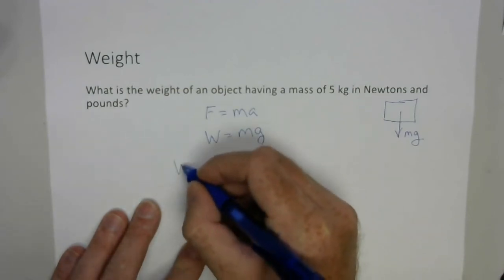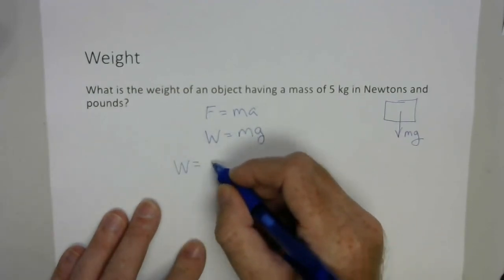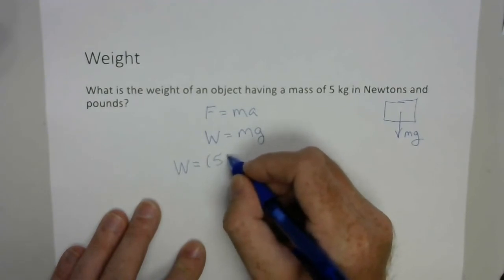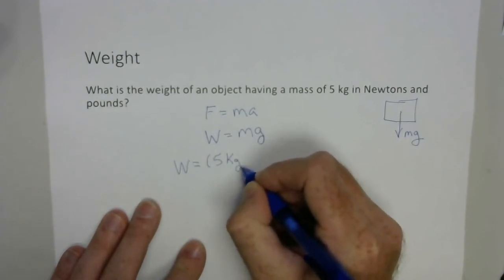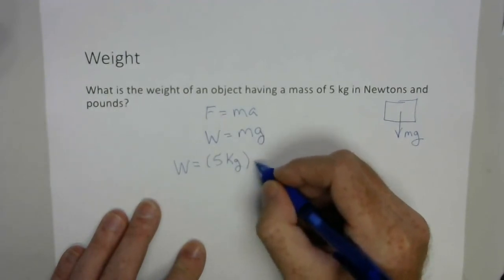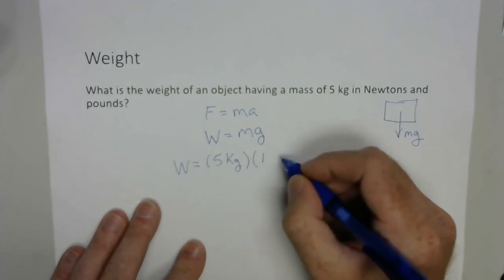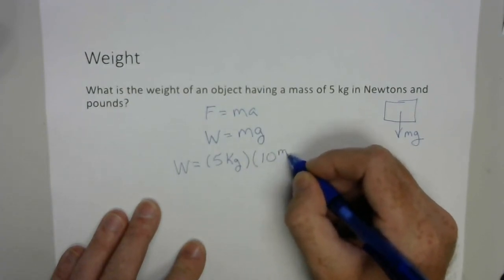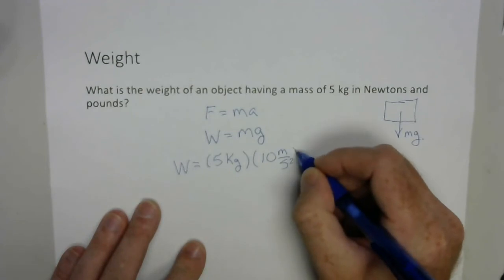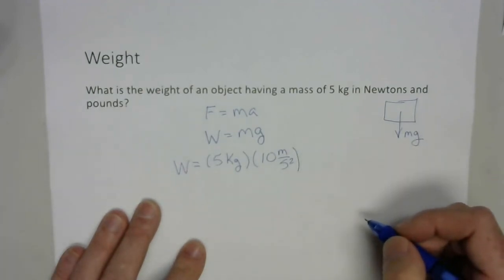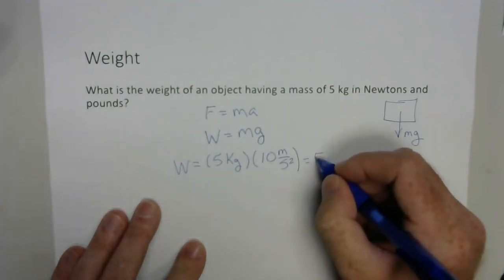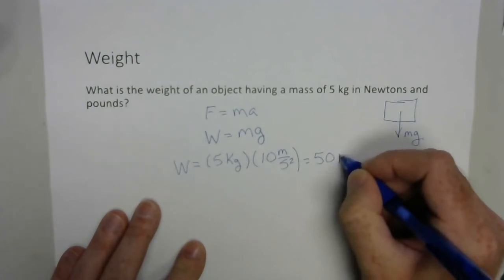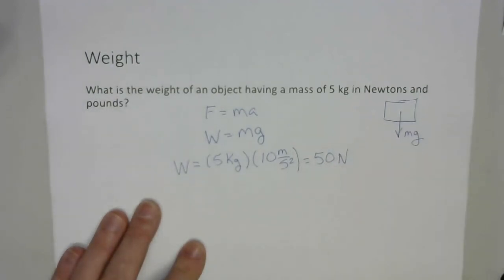So if we plug into our equation, we're going to have a 5 kilogram object with a 10 meters per second squared acceleration due to gravity, which would give me a weight of 50 newtons.